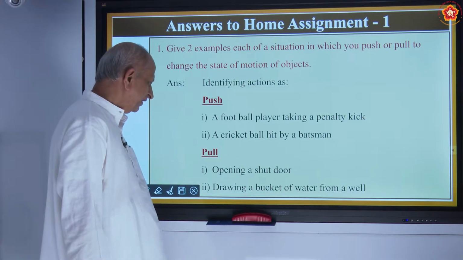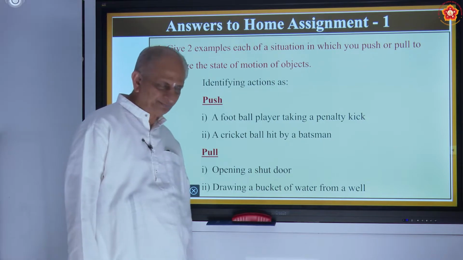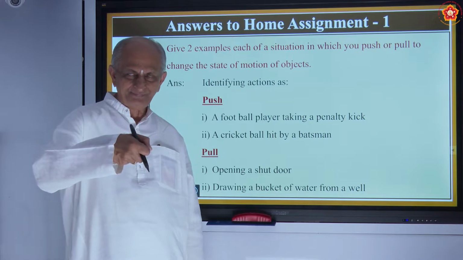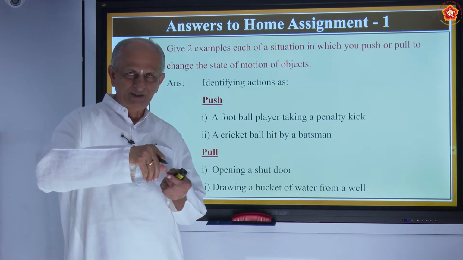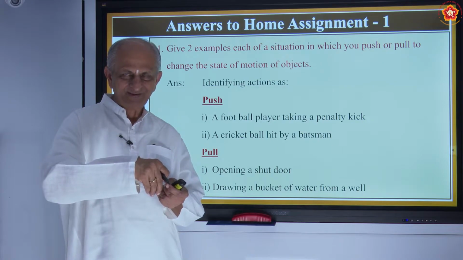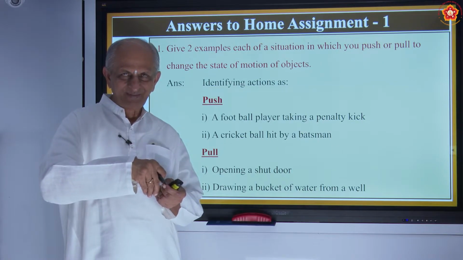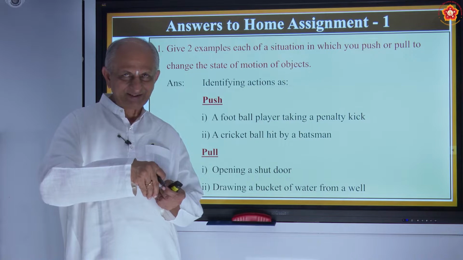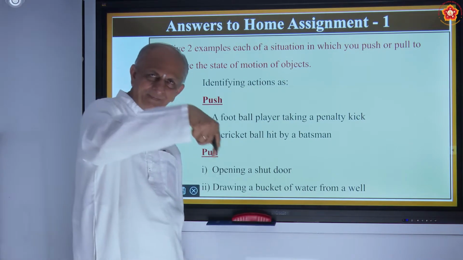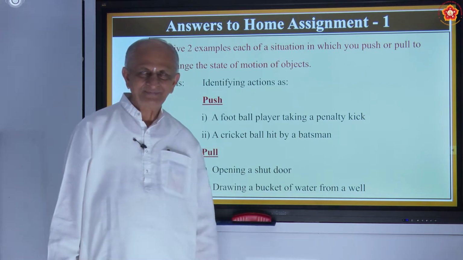Drawing a bucket of water from a well, especially in villages, they will have a rope. At the end of the rope, they will tie a vessel made of brass or aluminum or sometimes plastic also. They tie it there tightly and make it go into the well.